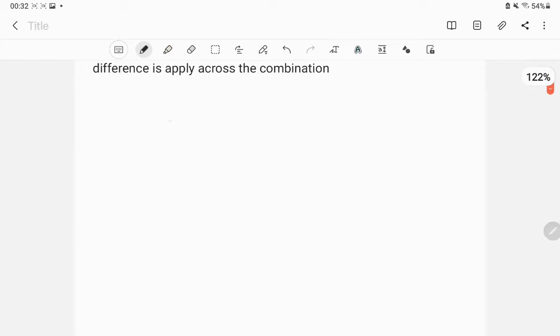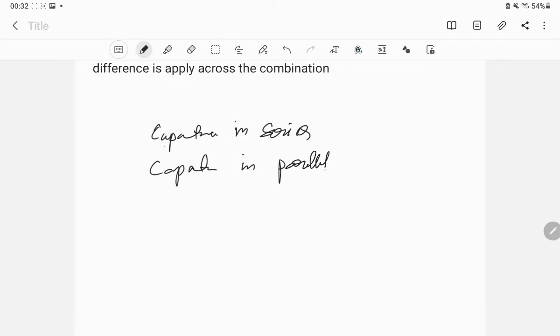Like we have capacitance in series and capacitance in parallel, the formula will be the same, but opposite.